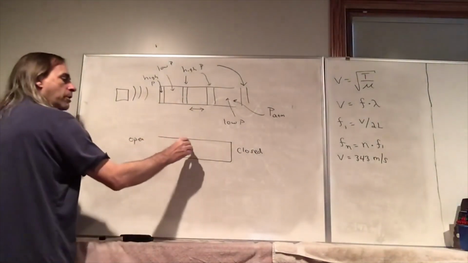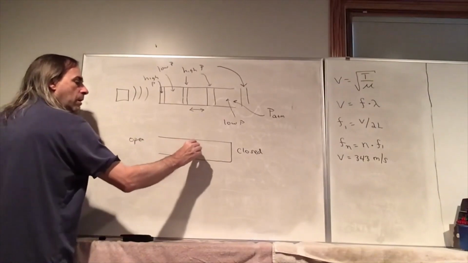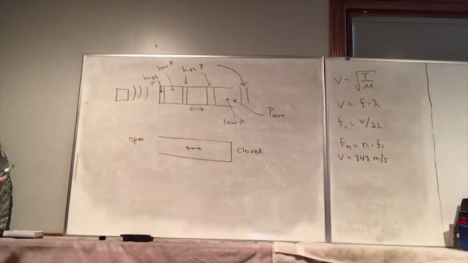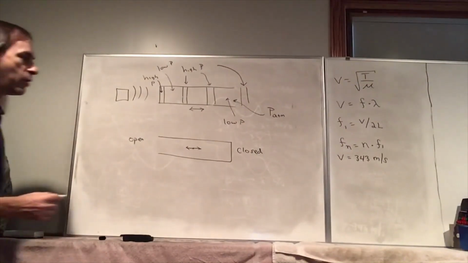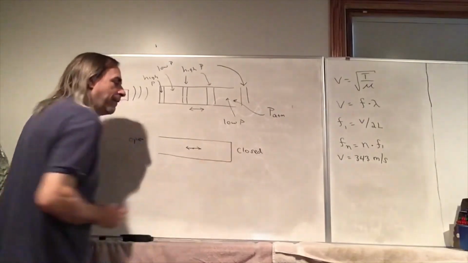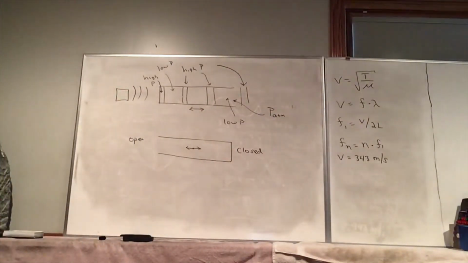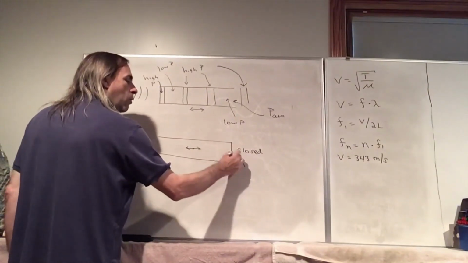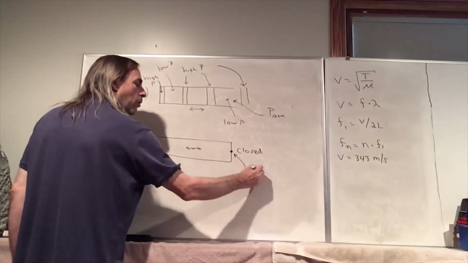If I look at a molecule of air, it's going to be moving back and forth because that's the direction the wave is moving, and it is a longitudinal wave. And so at the closed end, we can't have the molecules moving back and forth. So for resonance, the closed end has to be a node.